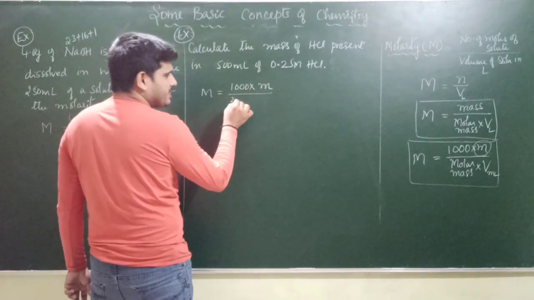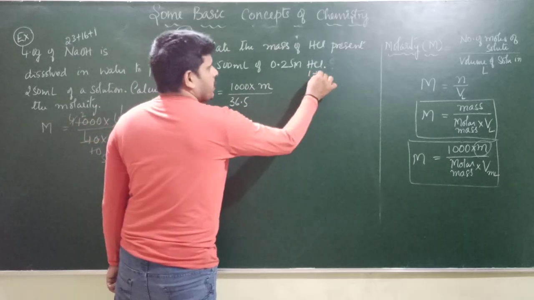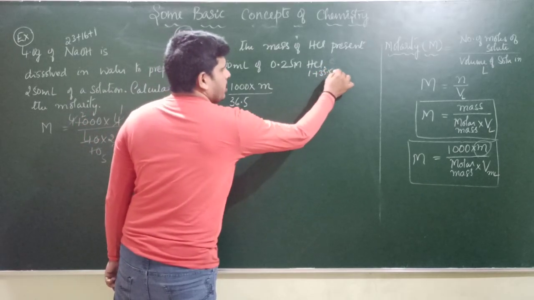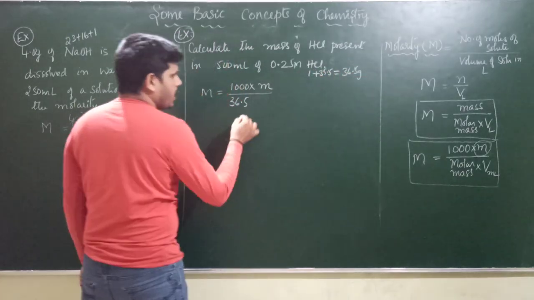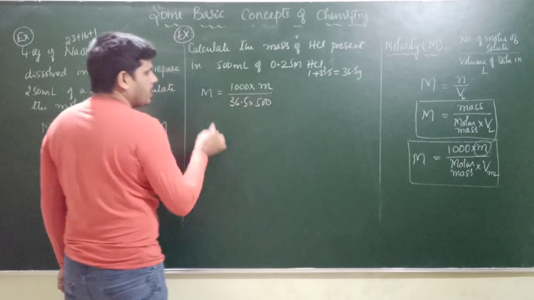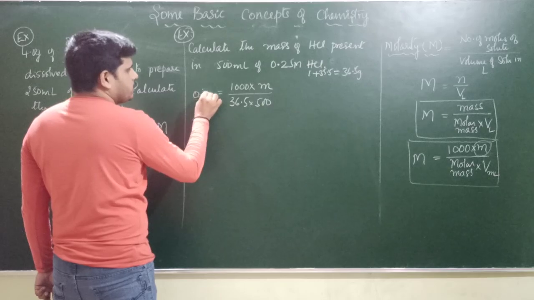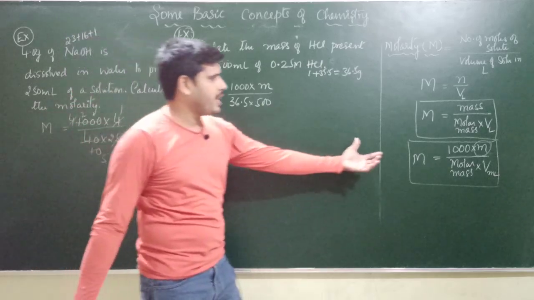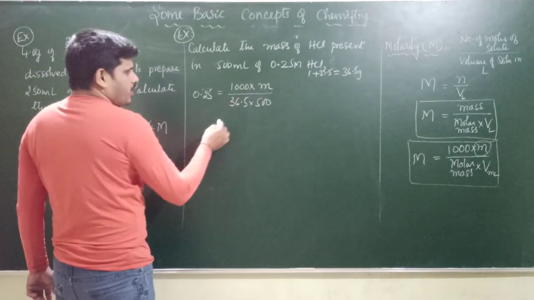So that will make this molar mass 36.5. 1 plus 35.5 is equal to 36.5 grams. Is that okay? Into volume 500 ml. Now molarity is given, 0.25. I am not writing the formula directly, dear students, to reduce the steps.